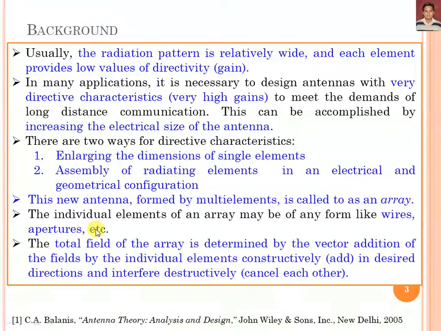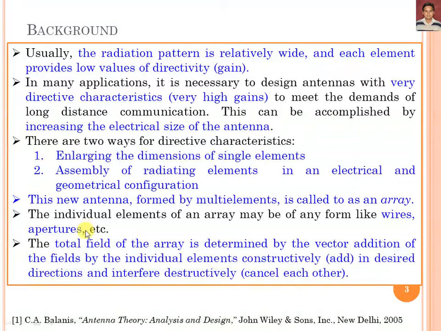In the wire category there are many antennas, like the dipole antenna, circular loop antenna, rectangular loop antenna, traveling wave antennas, broadband antennas, frequency independent antennas, and many more. In the aperture category, horn antennas, reflector antennas, and this type of configuration come.